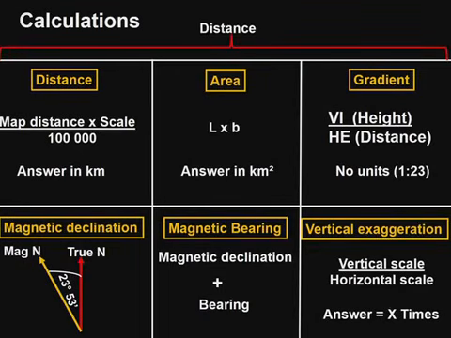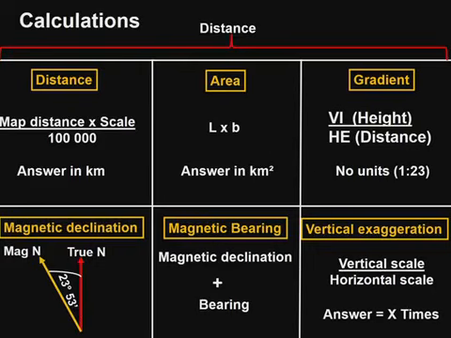Look at area. Now, some children tell me, okay, I can calculate distance, but I'm struggling with area. I don't believe you. Because what is area? Area is just 2 distances that you've got to calculate, and you multiply them, and then you get area. So please, this is very easy. Gradient. Remember, gradient has no units.